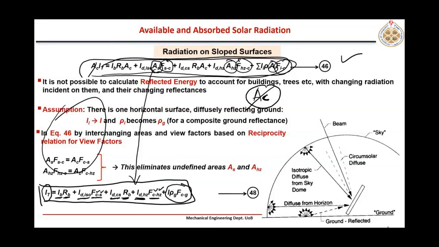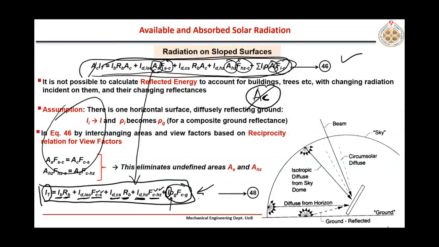So we are assuming around the collector there is only one single material of the ground, and for that ground we shall assume some average reflectance. Okay, this is the total radiation falling on a tilted surface.